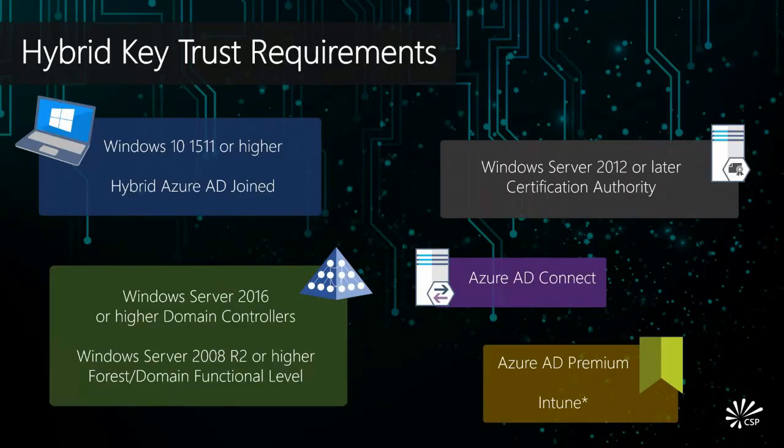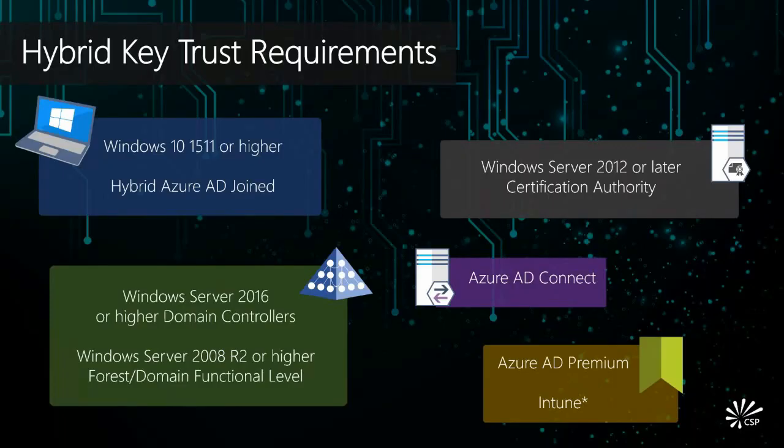You can review our previous two sessions to get a background on what that means when we talk about a key pair. There is a third trust mode that is in preview right now called Cloud Trust, which has different requirements than what we have here. But again, I'm focusing on the most common deployments that adopt Windows Hello for Business, and that would be a hybrid key trust model.